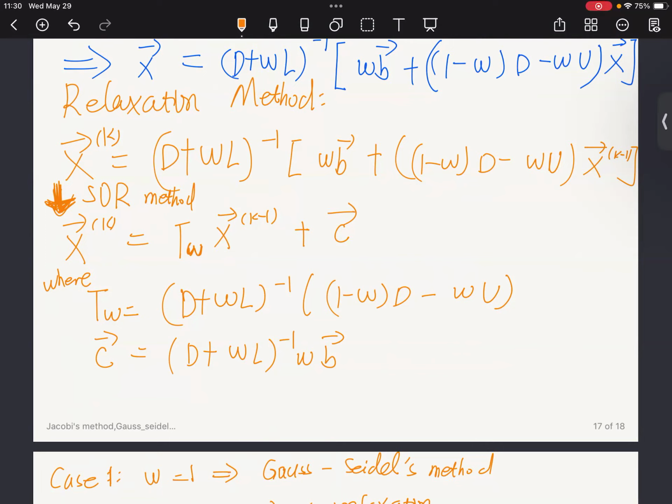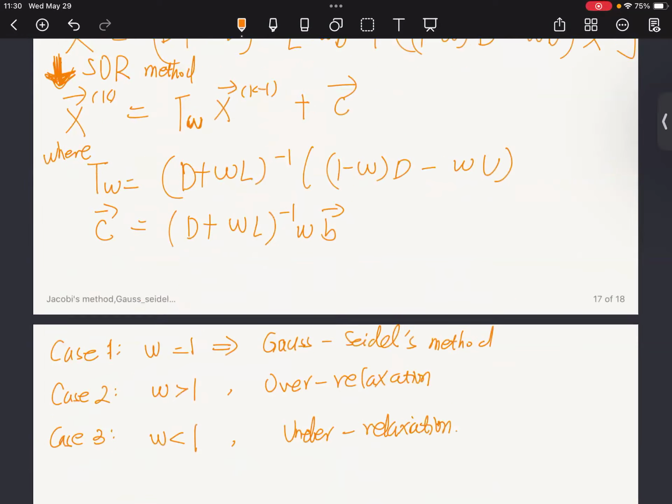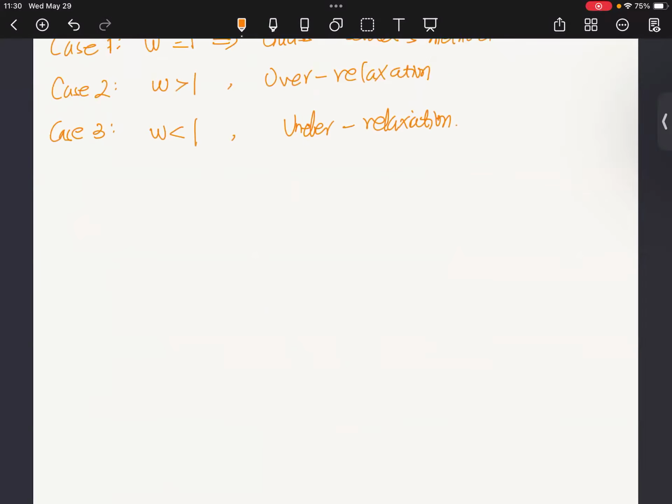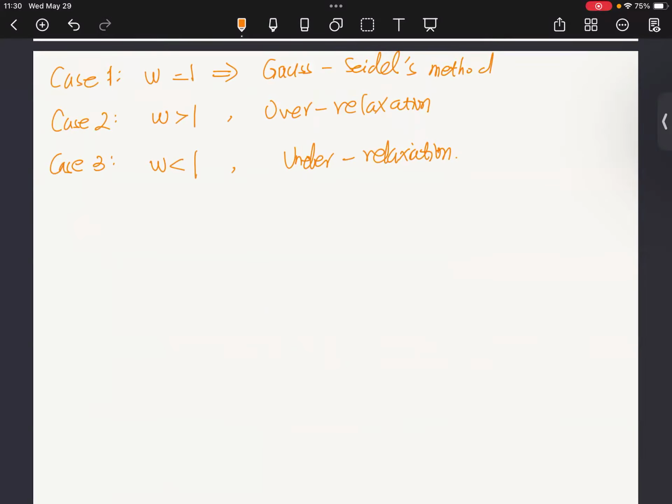There is one necessary condition for the omega value such that this method converges. This is necessary, and it's not a sufficient condition.